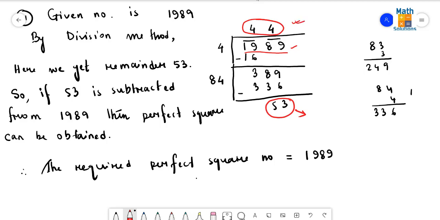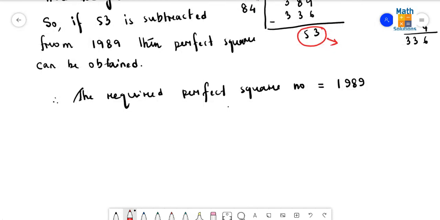Okay, so here I get the required square number, minus 53. The result will come as 1936. So 1936 is the square number.